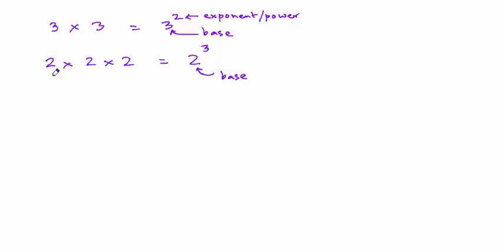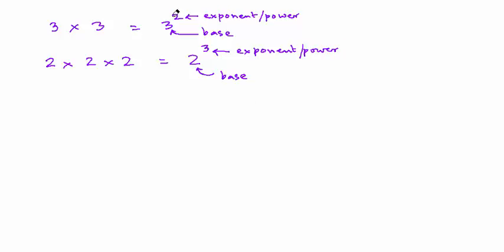On the second one, because 2 has been multiplied with itself 3 times, you see this 3 here. This indicates that the number 2, which is the base, has been multiplied with itself 3 times. So this is the exponent or the power.